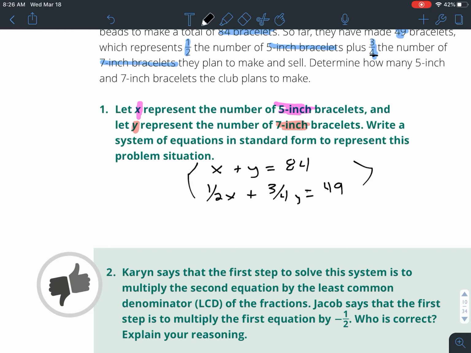We can skip 2, because I don't want to go over how Karen does this, because it may not be the easiest way to do that. We're actually going to skip this, because I'm not going to give you guys the fraction.